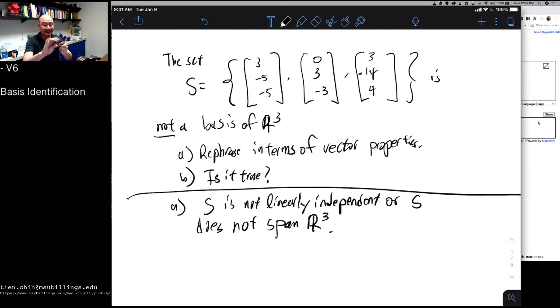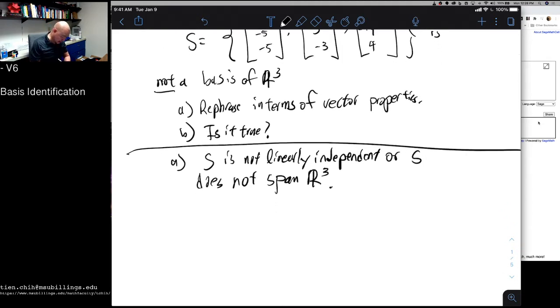If you're not linearly independent, that means that I can get to a vector in one or two ways, and that means that coordinates don't uniquely record points in the space, which is no good. So our goal is to show which one of these properties does not hold in this case.